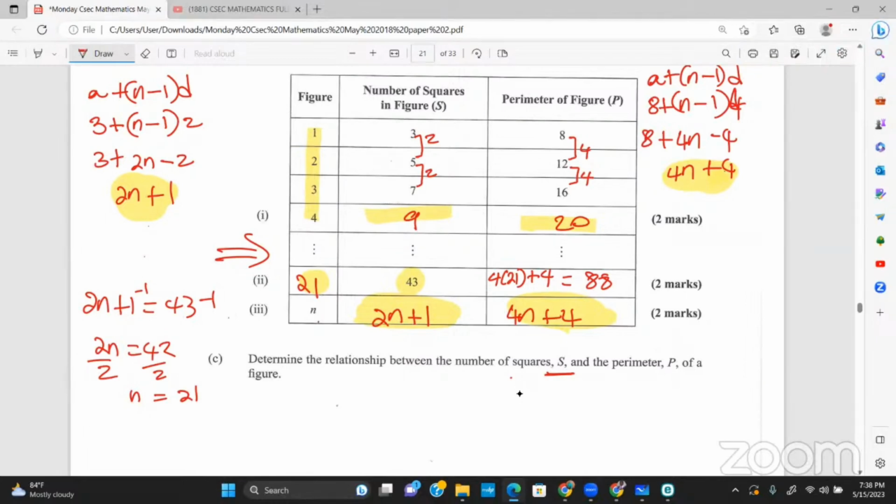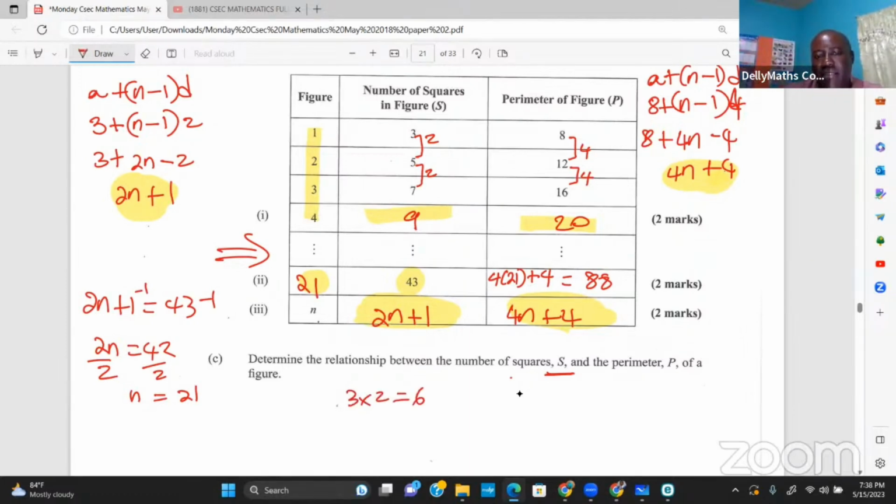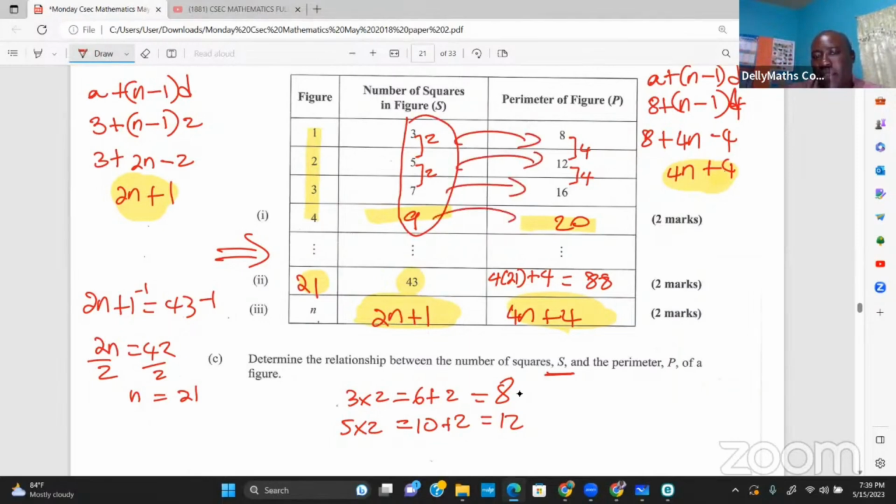So 2 times 3, we could work it out. 2 times 3 is 6, plus 2 is 8. And if you have 5 times 2, you get 10 plus 2, you get 12. So you're saying, if I double this and add 2, I get these. Double it and add 2, I get them.